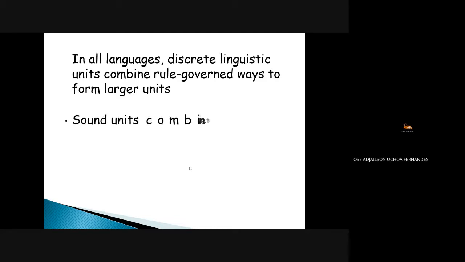In the case of morphemes, they get combined to form some units that we are going to see the names of now. So starting from phonetics, the sounds unite and combine to form morphemes. Everybody agrees that a morpheme is a combination of sounds.